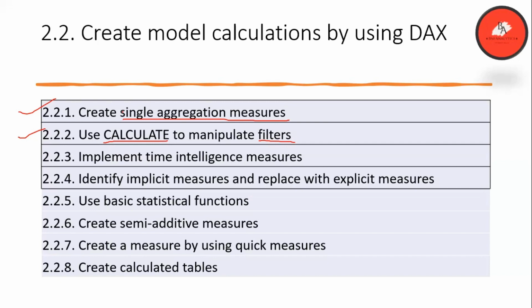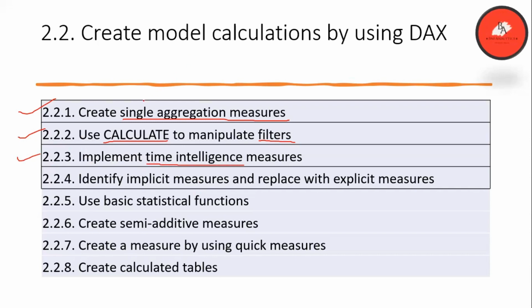I will show you examples so you will understand it in a better way. We are just discussing the overview of creating model calculations using DAX functions. Then we will look into time intelligence measures.